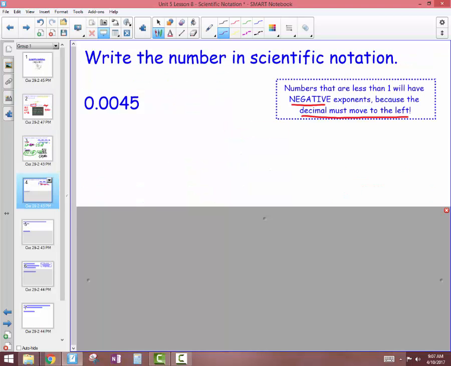So now I already see the decimal right here. I'm going to move it as many places as I need to get a number between 1 and 10. Notice I'm moving this one to the right to begin with. This would be 0.45. That's not going to work for me. But if I move it right there, I have 4.5. But 4.5 is bigger than my original number, so I need this number to get smaller. To do this, I would have to multiply by a number less than 1.